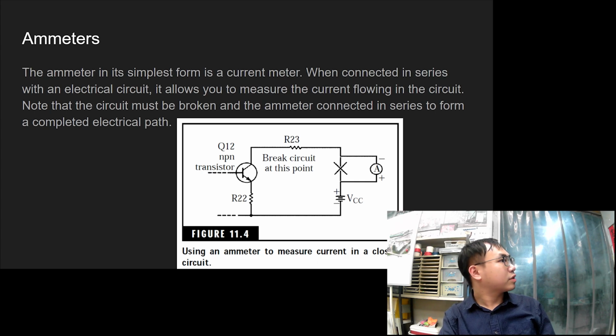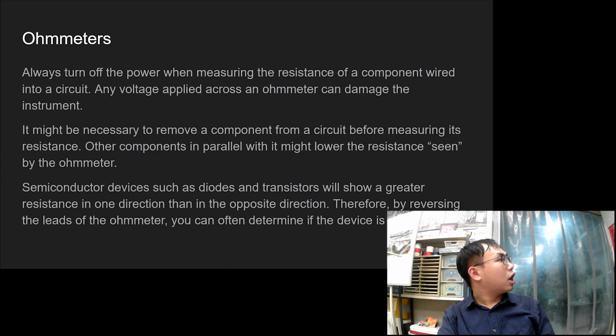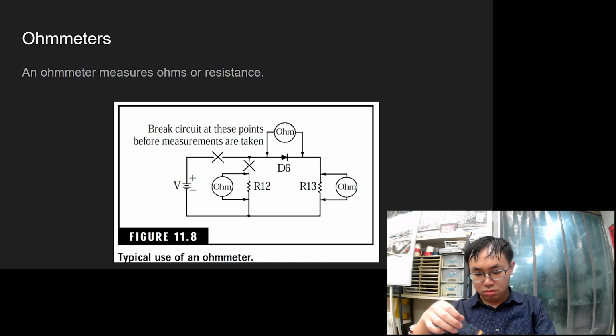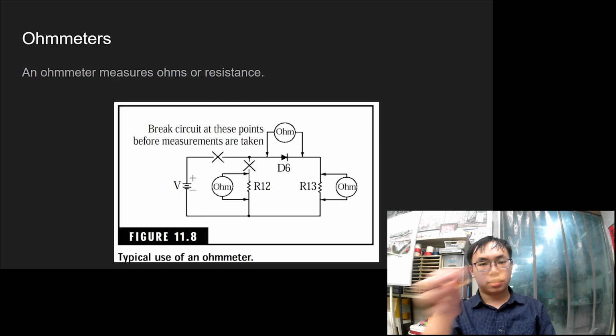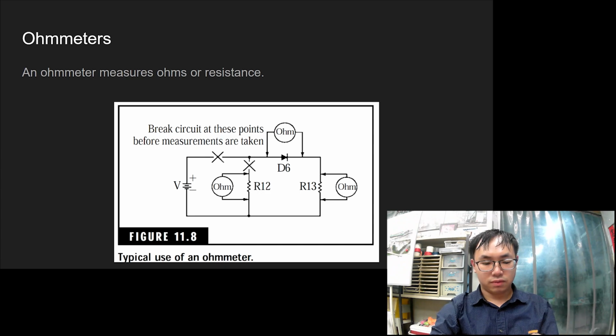And the last one, the ohmmeter. The ohmmeter is the easiest one. It just measures the resistance. How do you measure it? Take this one with you, and take your ohmmeter with you.